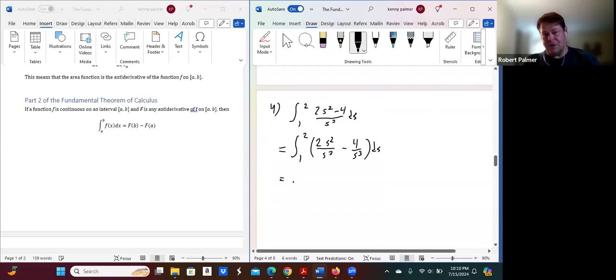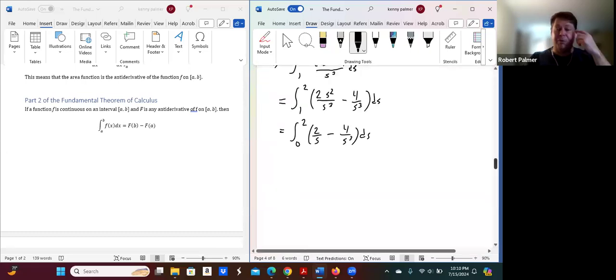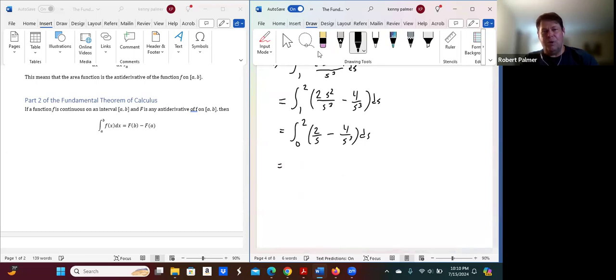And as you can see, we can rewrite the first one as 2 over s minus 4 over s cubed ds. Okay, so now this should look familiar with what you've seen before. So let's actually break this up into 2 integrals. And sorry, 1 to 2, not 0 to 2.